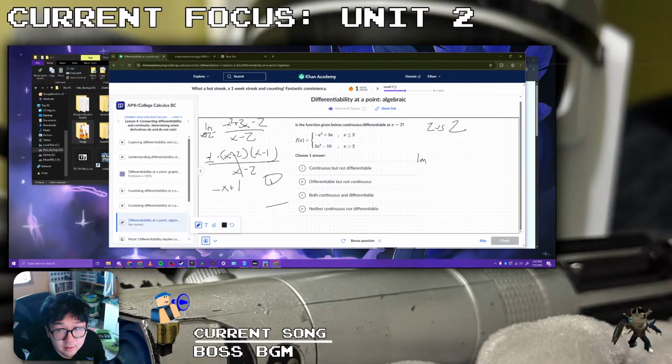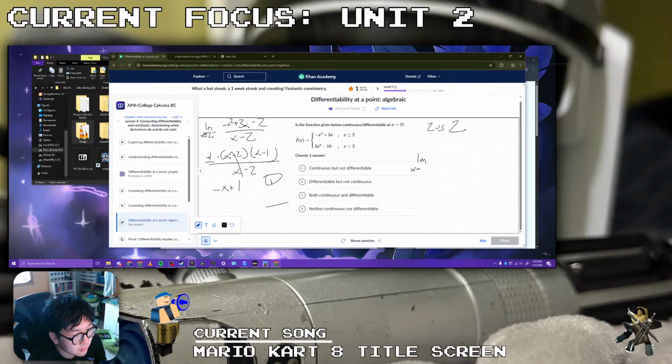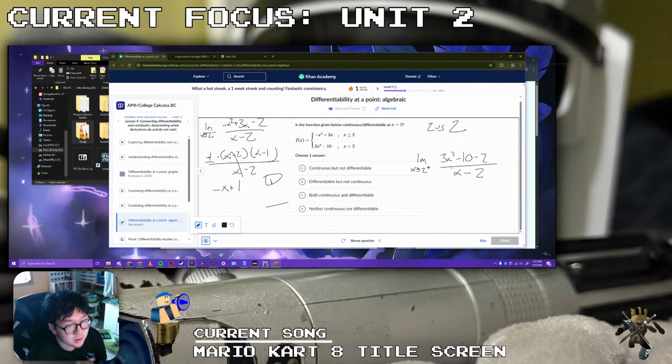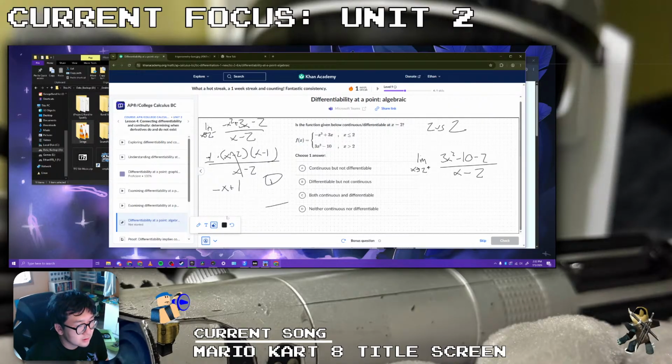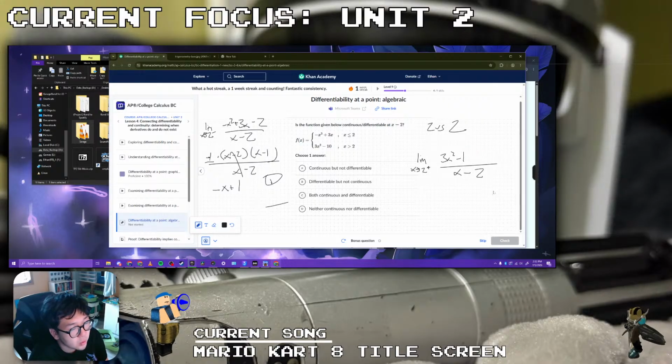Now we have the limit as x approaches 2 from the right. So 3x squared minus 10, minus 2 over x minus 2. Actually, let's do this even quicker. Let's just say 12.